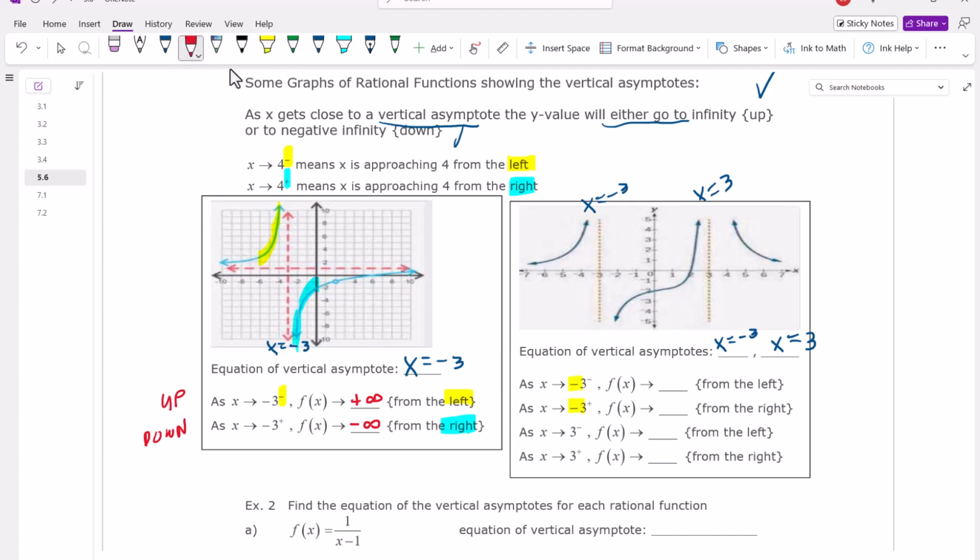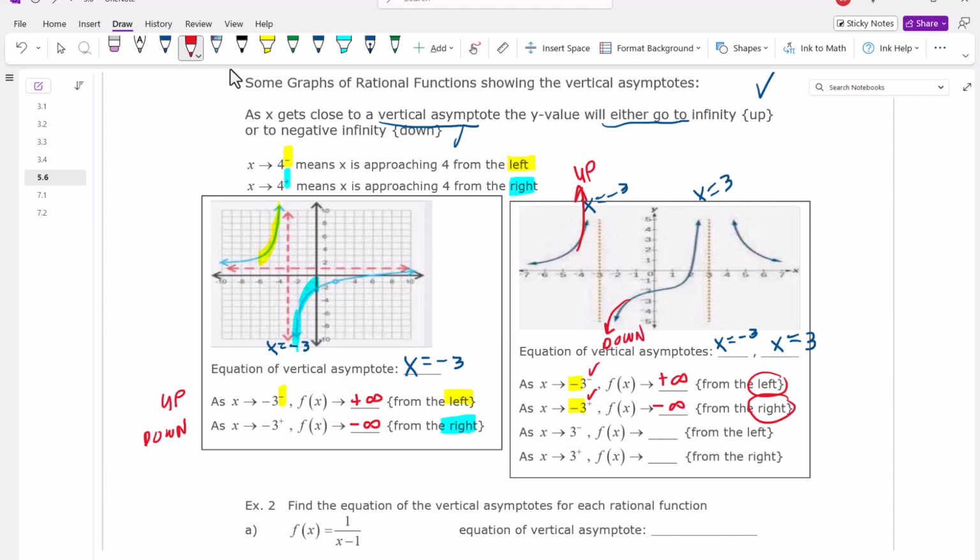If we're approaching from the left, that graph is going up, so that means it's going to positive infinity. Okay, the next one, we're approaching negative 3 from the right because of that superscript. If we come from the right, the graph is going down as it gets close to the asymptote, so that would be approaching negative infinity.